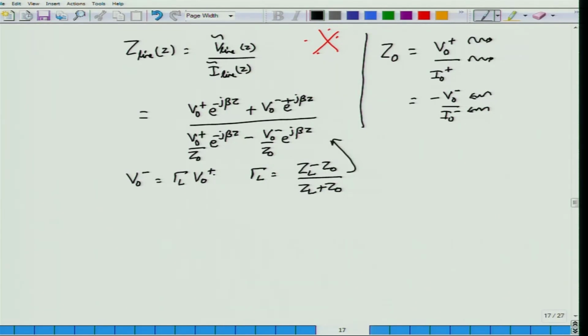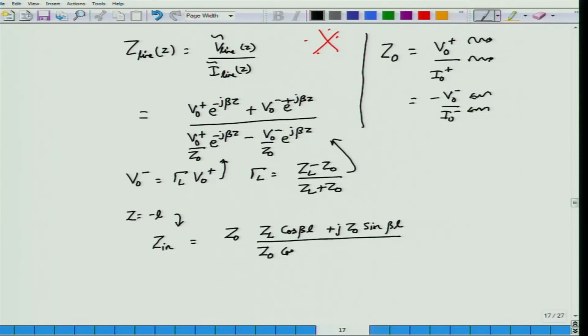Substitute these two expressions into the above line impedance equation and then evaluate the line impedance at z equal to minus L. You will end up with the input impedance expression Z0 times ZL cos beta L plus j Z0 sin beta L, divided by Z0 cos beta L plus j ZL sin beta L. So, you will end up with this particular expression for the input impedance.